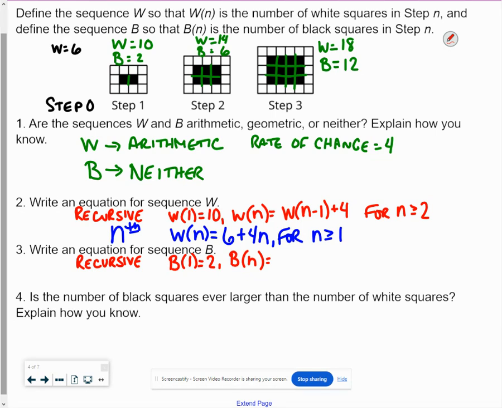If you look at the diagram, I started here with a 1 by 2 rectangle. And then it's a 2 by 3 rectangle. And then it's a 3 by 4 rectangle. So we can see kind of what that pattern is. I also want you to notice that step 1, the height of it is 1, and the width is 1 more than that, it's 2.